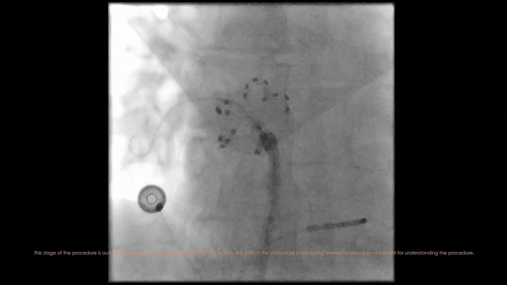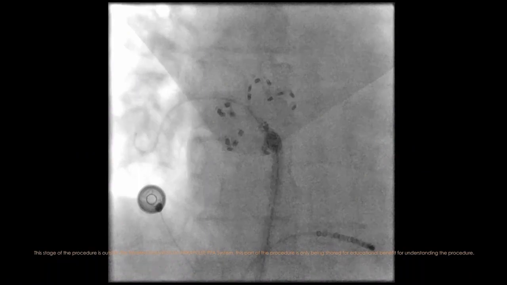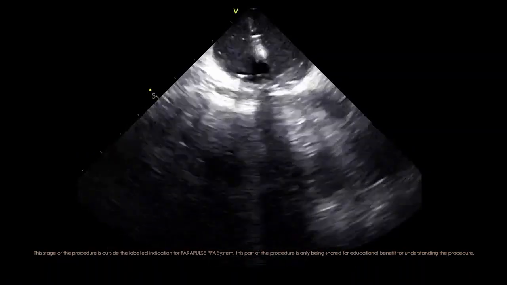If posterior wall ablation is planned, additional anchoring lesions should be delivered towards posterior wall.